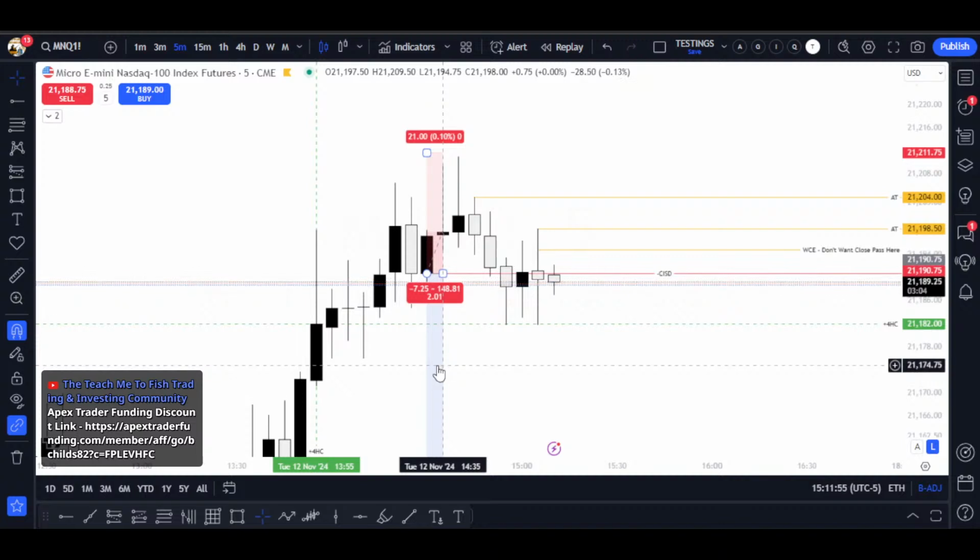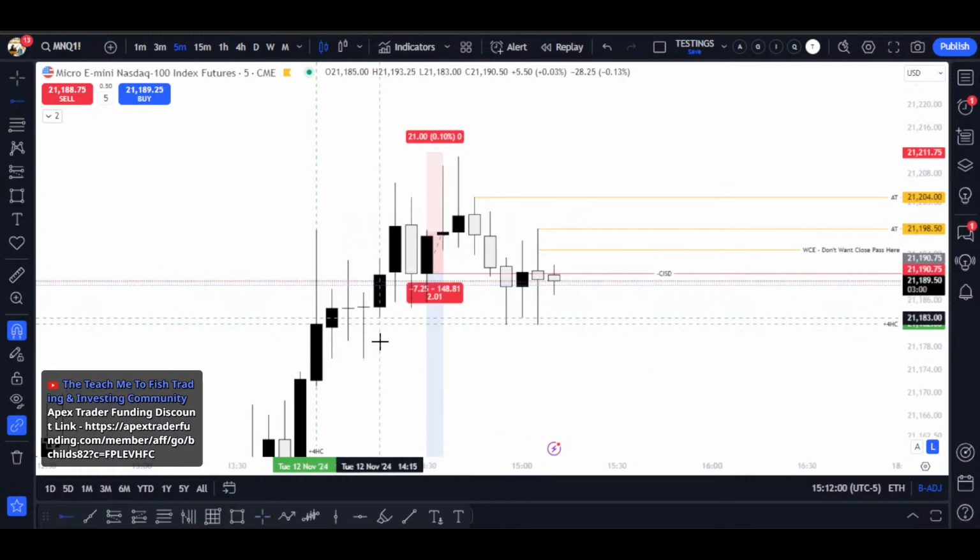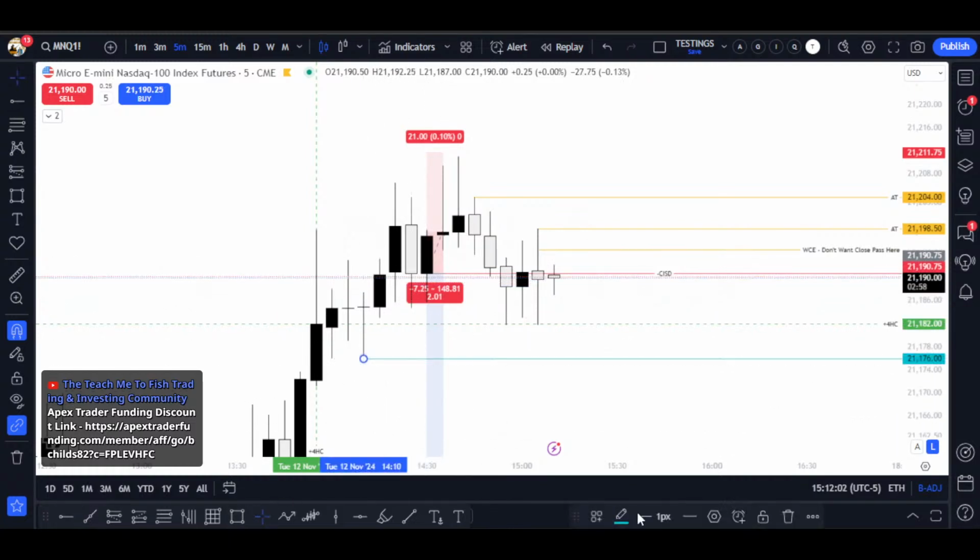If you were taking this change in state of delivery trade, I would say partials would be here.